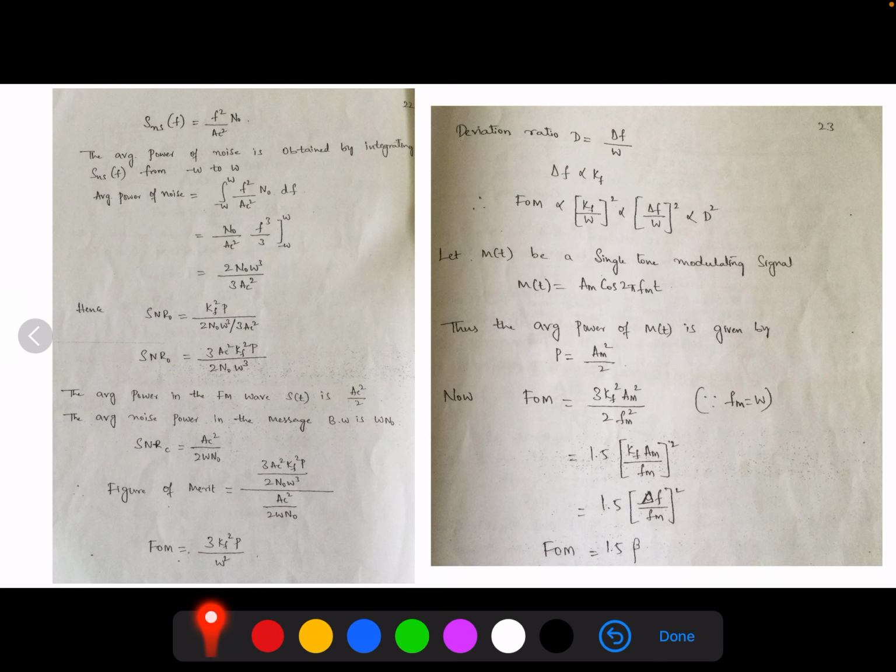And then we have the FM threshold effect. Looking into the SNR output equation, it is valid only if the carrier to noise ratio is high. However, practically it is observed that as the input noise increases, the carrier to noise ratio decreases and the FM receiver breaks.